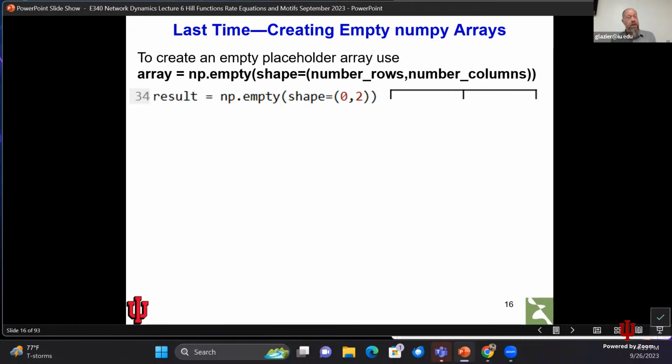But there are other ways of creating empty arrays too in numpy. There are almost limitless number of them. None of them to me are totally easy to remember or natural. You can also create zeros and zero arrays and other things.